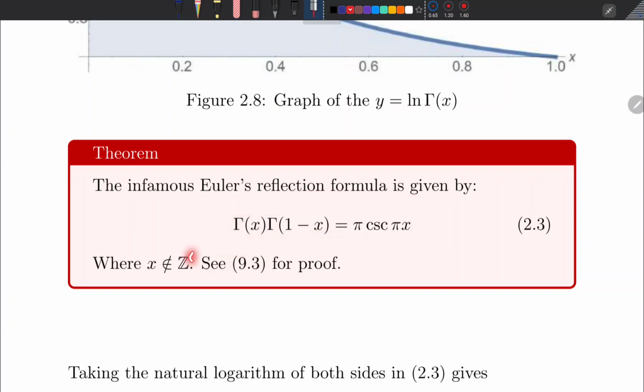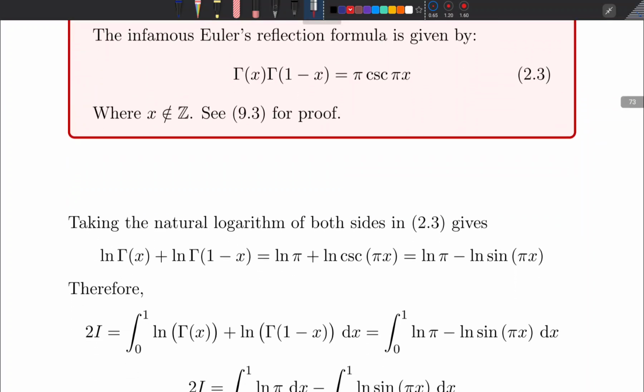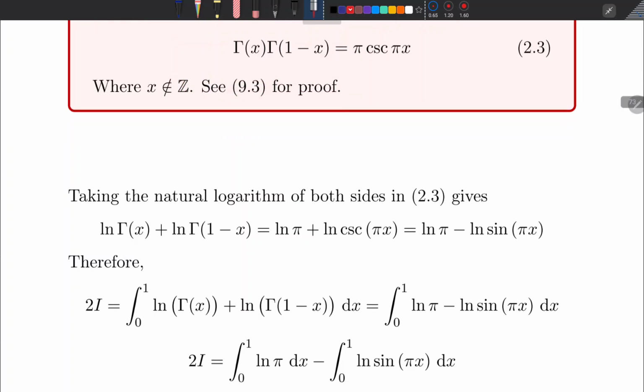Oh wait, I just got it, 9.3 for the proof. Okay, I cannot defeat you, the author. I think it was Hamza El Zamiri. I respect you, sir. I love you. So he provided the proof of this as well, so we'll see that. But it's in the ninth chapter, I think, right?